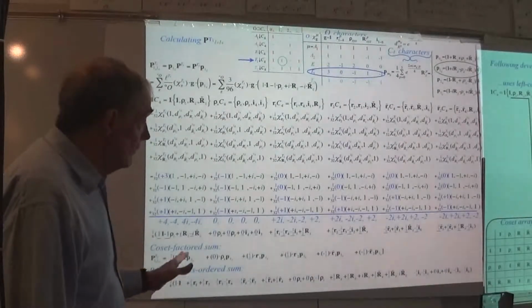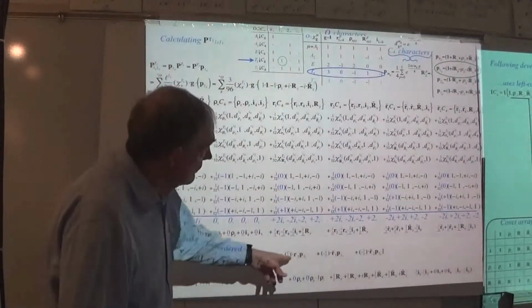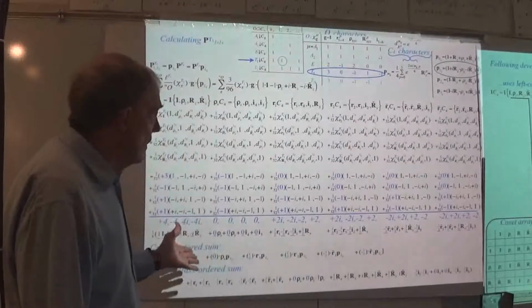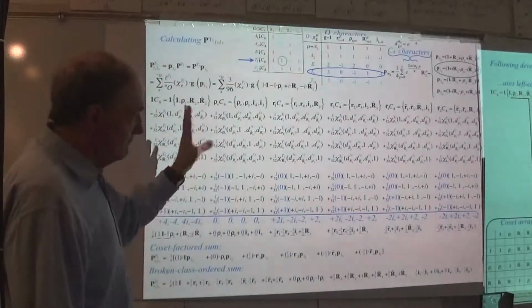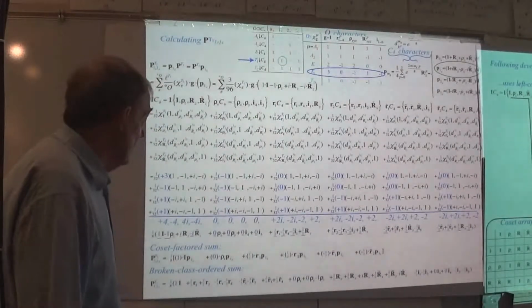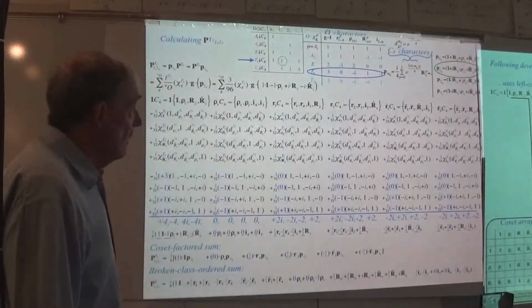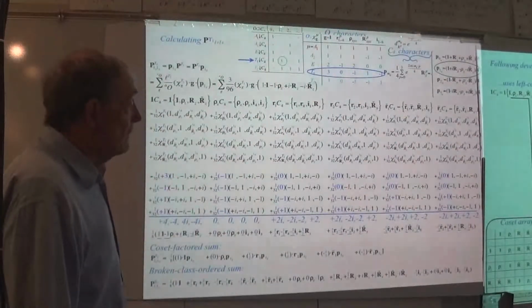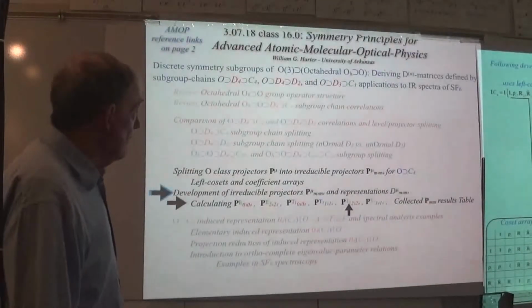It is another way to display this. And this is nice, because when you realize this exists, then you can go directly to it and, using certain other techniques, avoid a massive complete sum like this one.